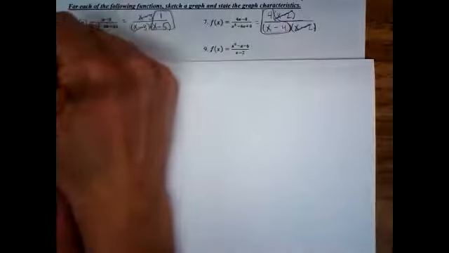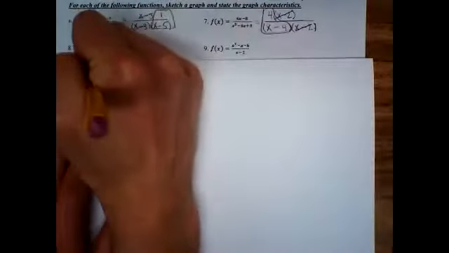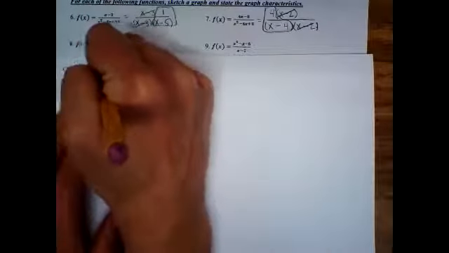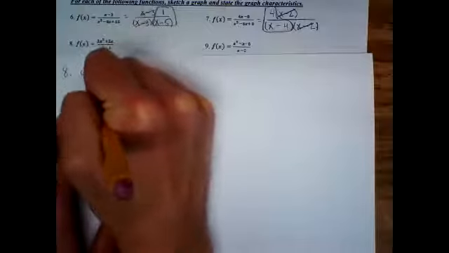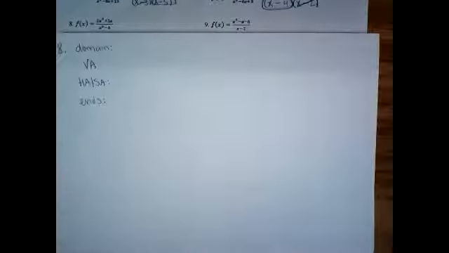All right, for number 8, I'm only going to ask you the domain, vertical asymptote, horizontal or slant asymptote, and the ends. So again, the first thing you want to do is factor.